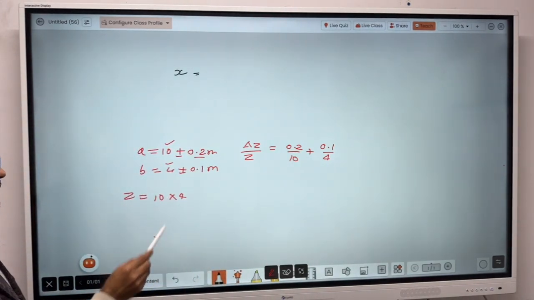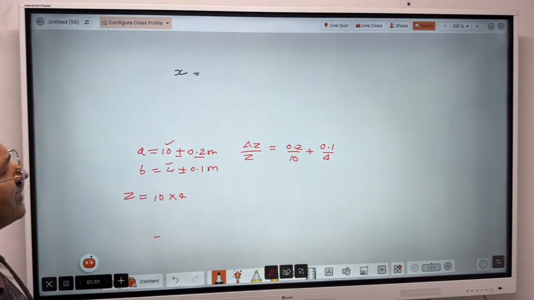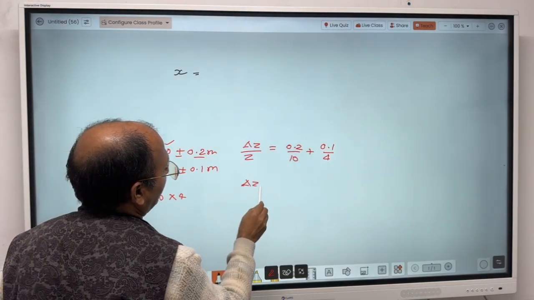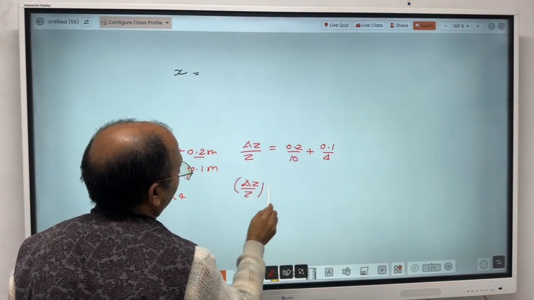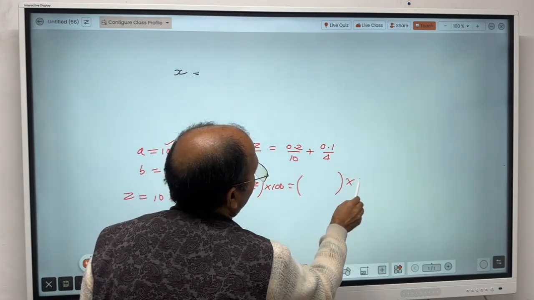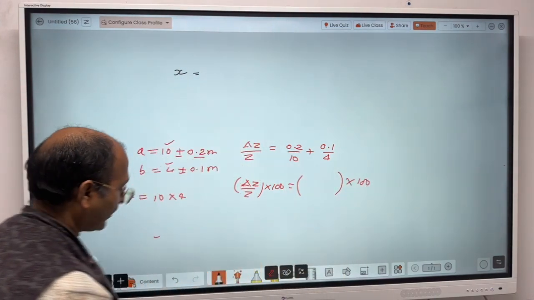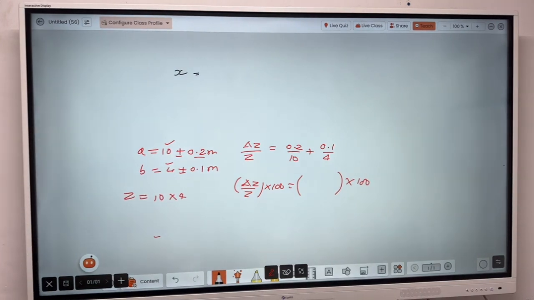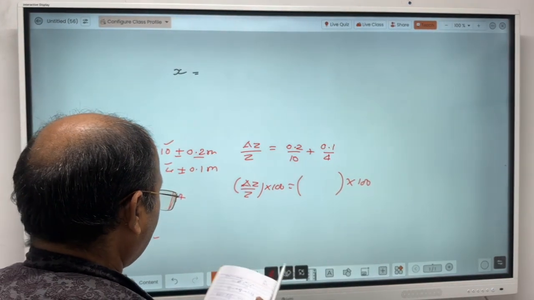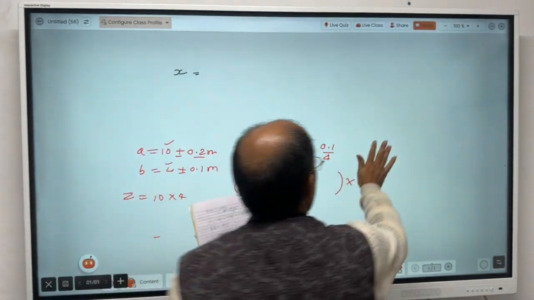Now we can get delta Z, or if we want to get it in percentage, so what do we do? To get percentage value, delta Z upon Z, we multiply by 100. It means in RHS also we will multiply by 100, and that will be our required value. Now let's take errors in powers.